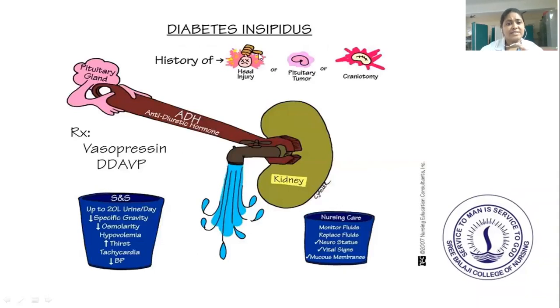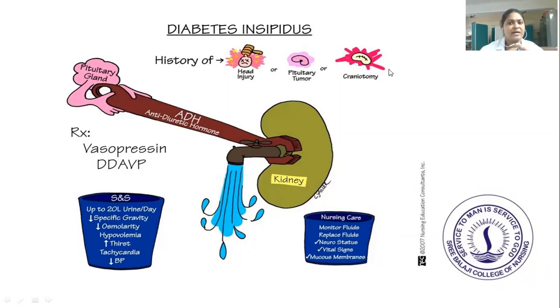And next we'll see diabetes insipidus. In this picture, we can correlate the whole condition. First, the patient has a head injury, or a pituitary tumor, or is undergoing surgical procedures like craniotomy.